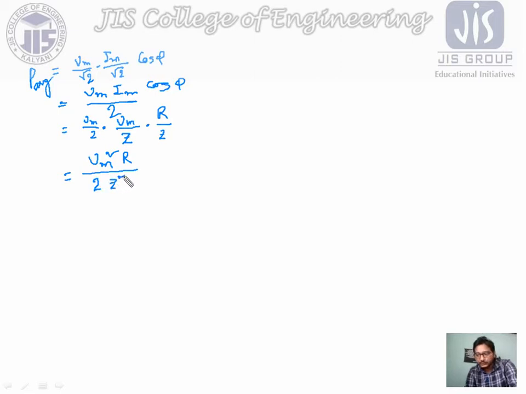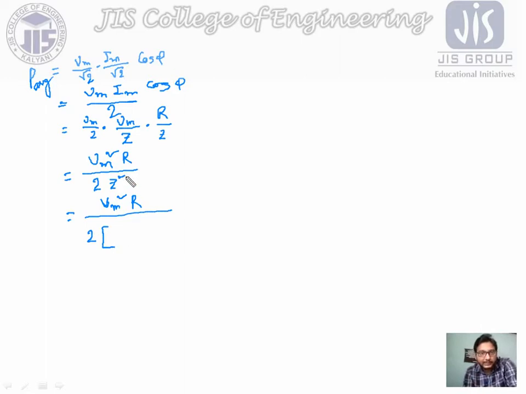We know that Z is equal to root over of R square plus omega L minus 1 by omega C, whole square.